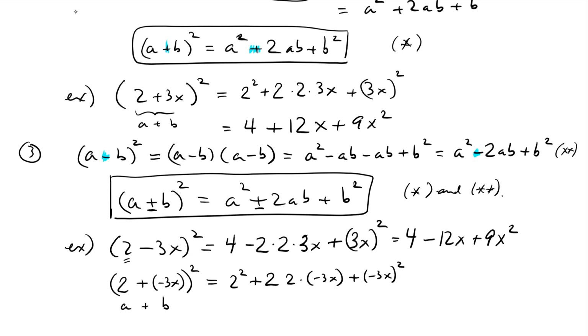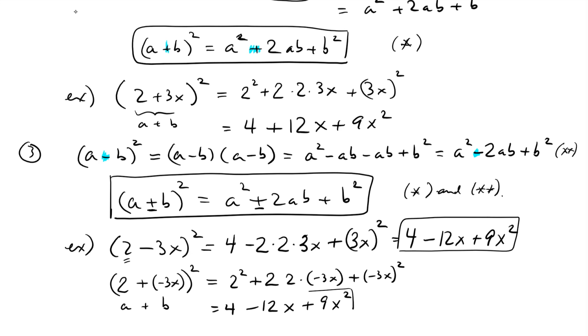And let's see, I get the exact same thing. I get 4 here. I get 2 times minus 3, so that's minus 12, so that becomes minus 12x. And minus 3x squared, that's minus 3 squared, so that's 9 times x squared. So I do get the exact same thing.